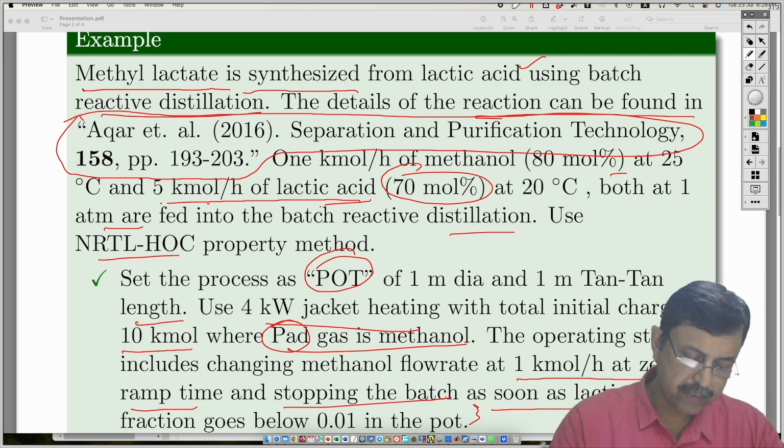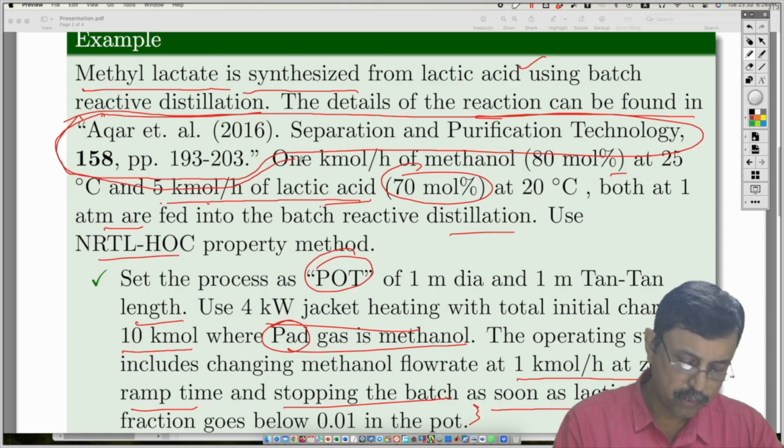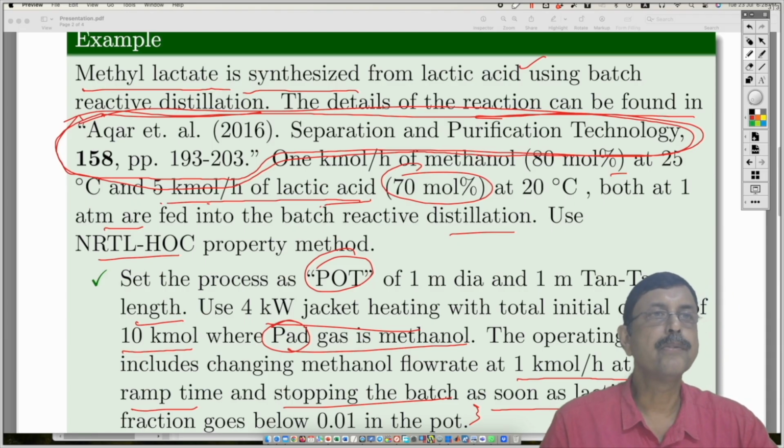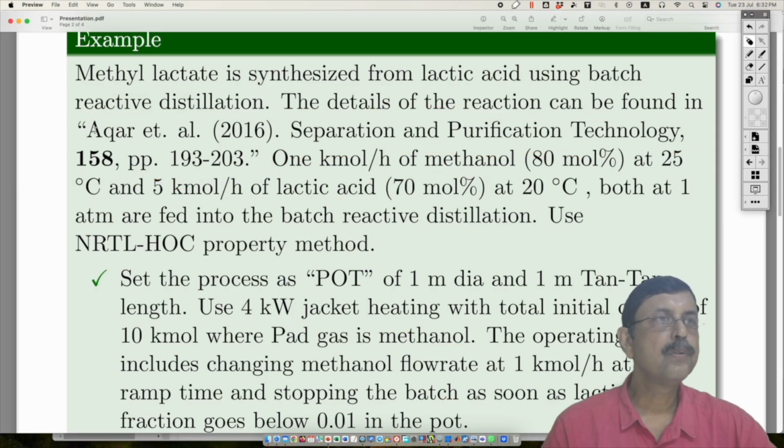Now, first thing first, let us go to this particular paper to see what the reaction is, okay, because we will need it. For that, we have to check this one.